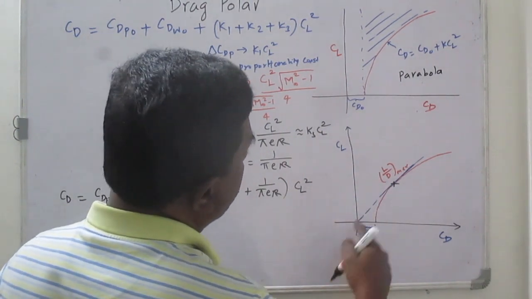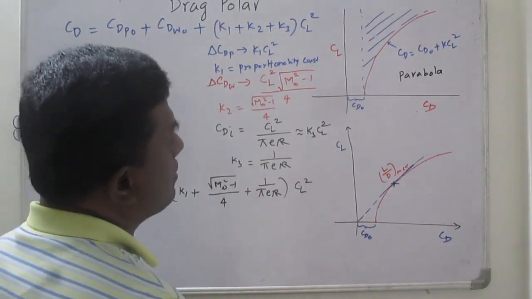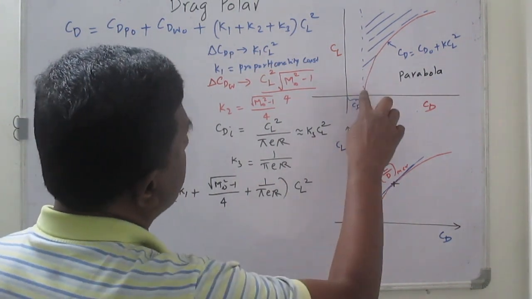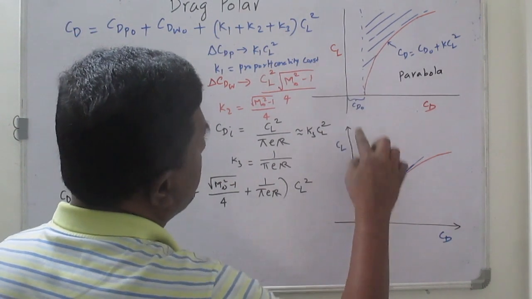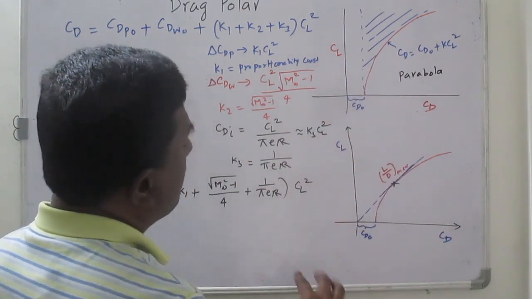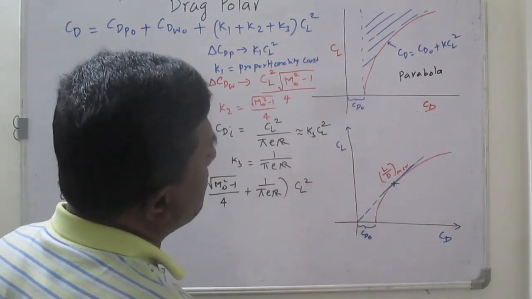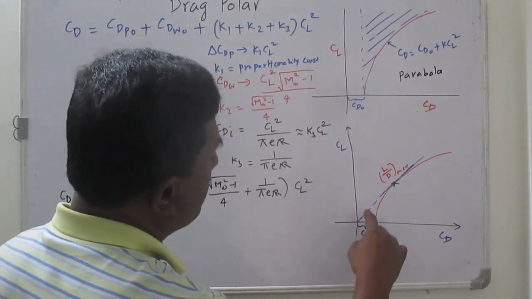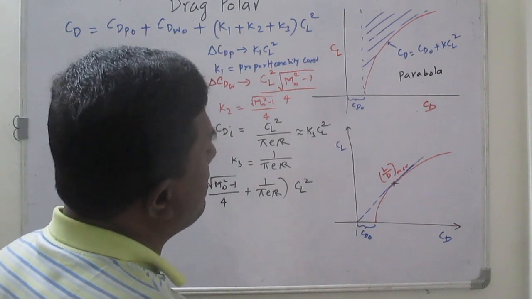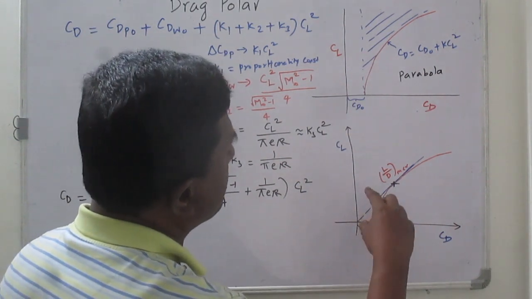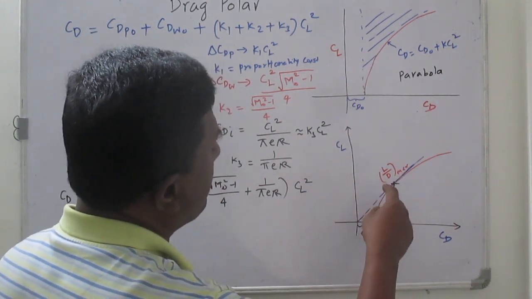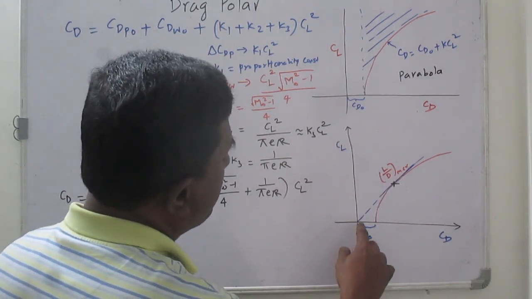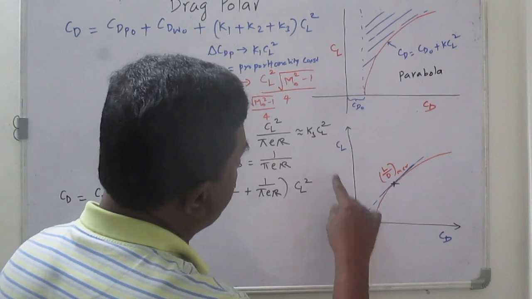L by D max we can find out by using the minimum drag condition, and also by using this graph. By using the drag polar plot we can find the maximum L by D ratio. This is the real, actual representation of L by D max that we get from this curve.